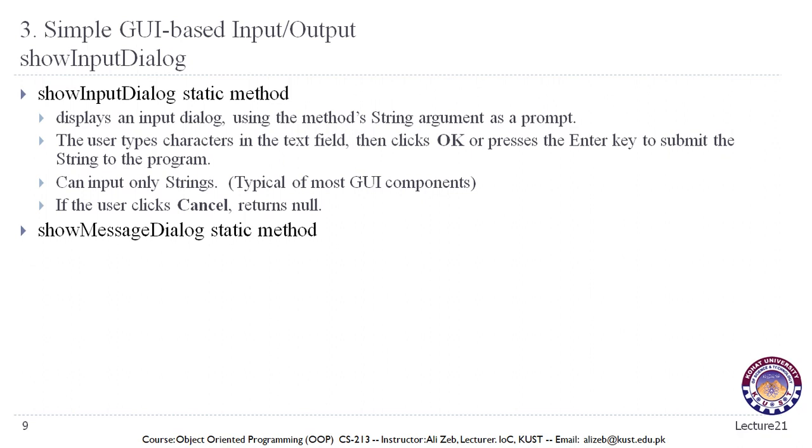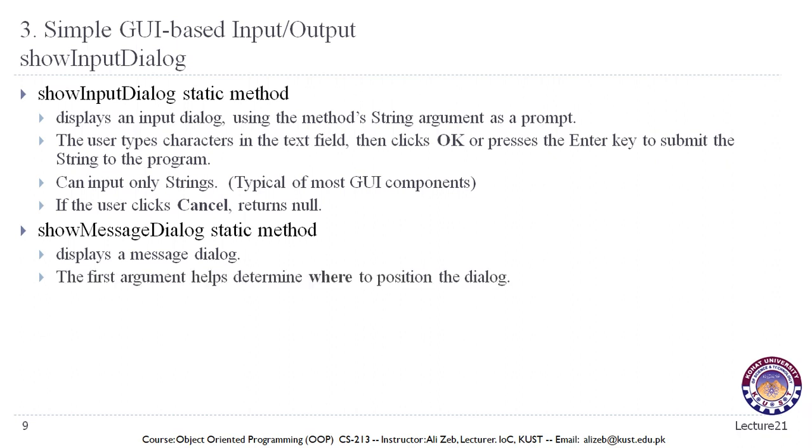showMessageDialog, on the other hand, is a static method. It displays a message dialog on the screen. The first argument helps determine where to position the dialog, which we saw was null in our case. That is the first argument that tells the compiler where to display the dialog box on our screen.